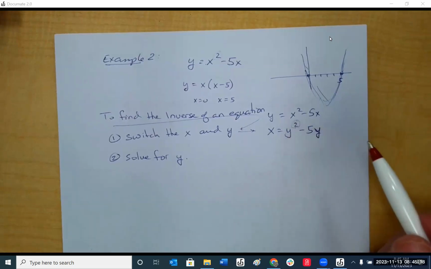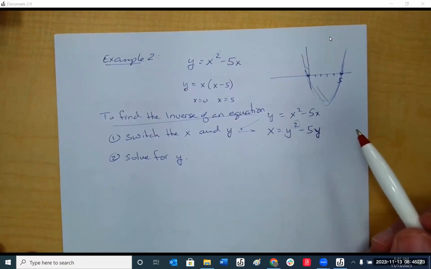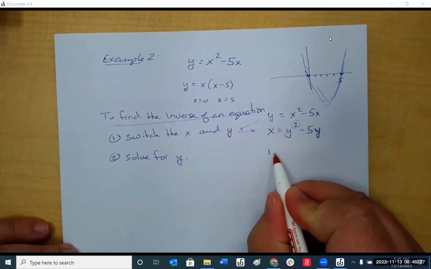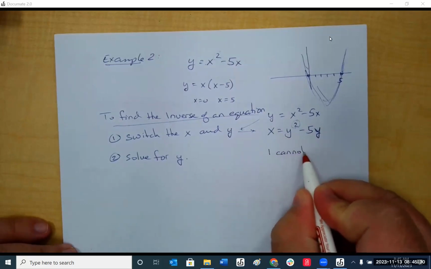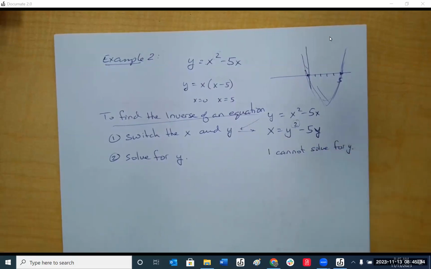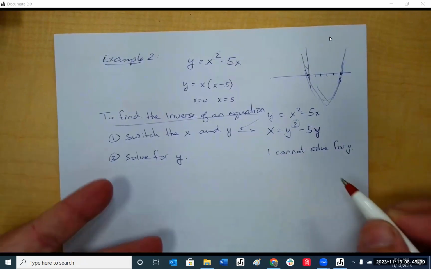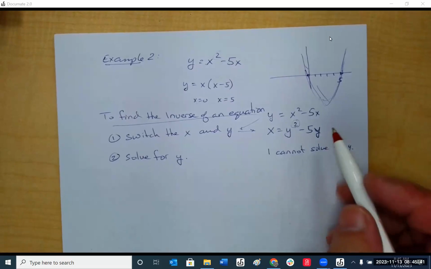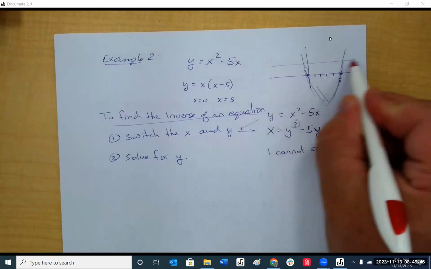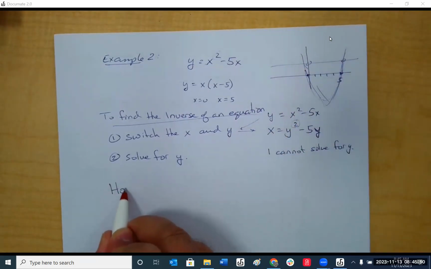Because this one has two y's, I can't do it. This equation, I cannot solve for y. I could have told you this by looking at the graph. It's called the horizontal line test.